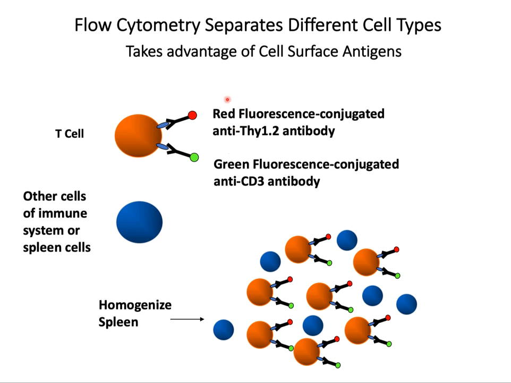In this case, this is a red fluorescence conjugated anti-Thy1.2 antibody and a green fluorescence conjugated anti-CD3 antibody. So you stain your cells with the fluorescent antibodies and only the T cells will bind to the antibodies and become fluorescent.